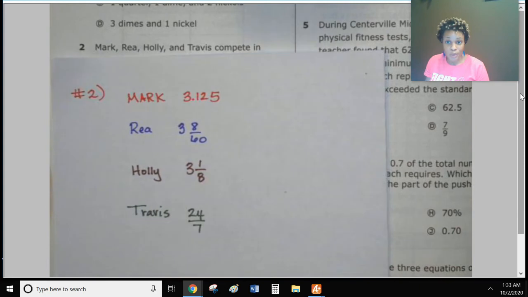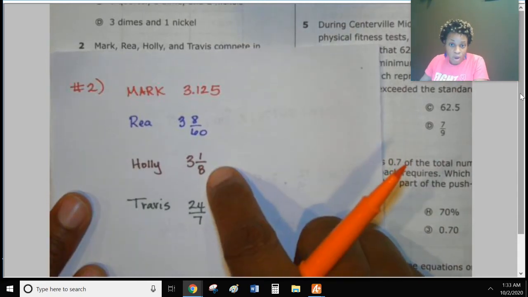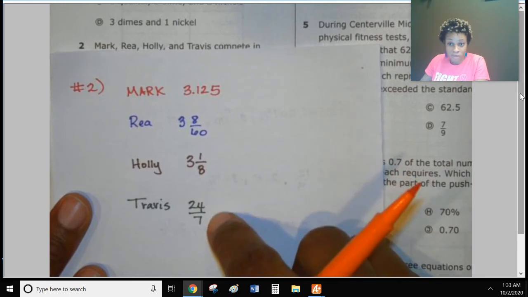So here are the times. I'm trying to see who has the same time. So there are some options. We can convert everybody to decimal. We can leave everybody as a mixed number. You have your choices. So I think the easiest thing for me would be to make everybody a mixed number, because 2 of these are already mixed numbers, and I know that I'm going to make this a mixed number.